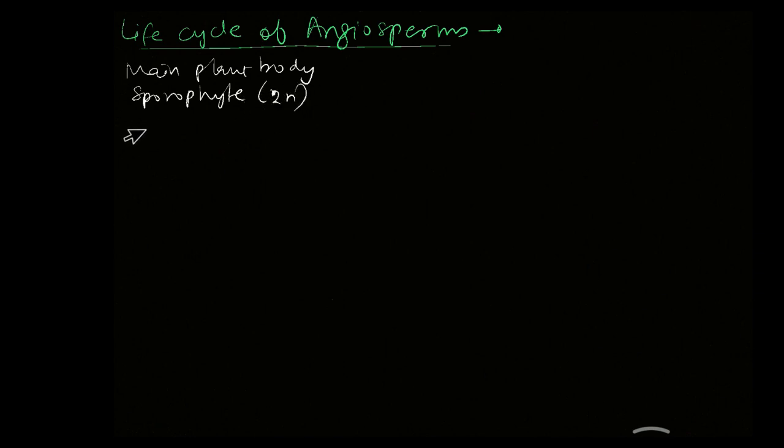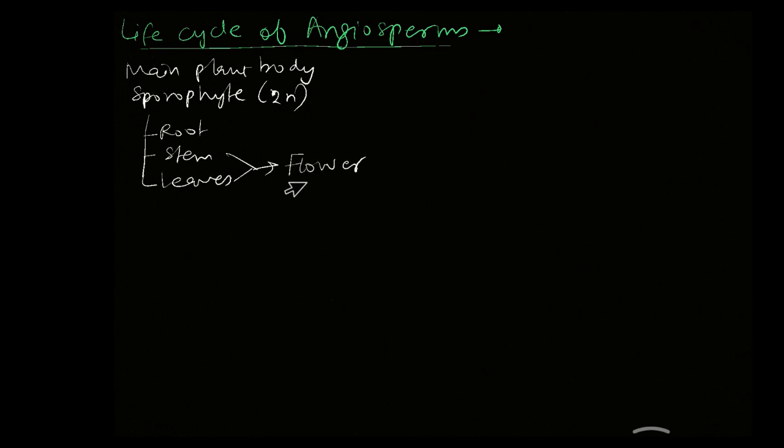This sporophyte is made up of root, stem, and leaves. And we know that the flower is a modified stem, and the parts of the flower are a modification of leaves. So we can say that the modification of stem and leaves is known as the flower.